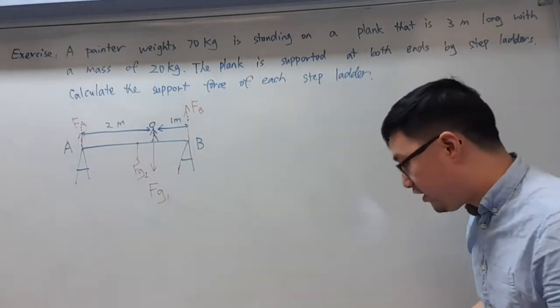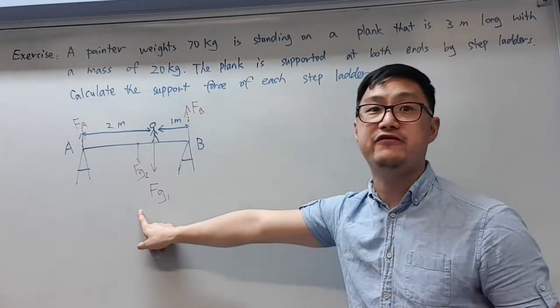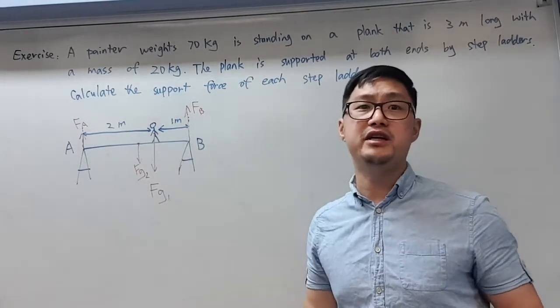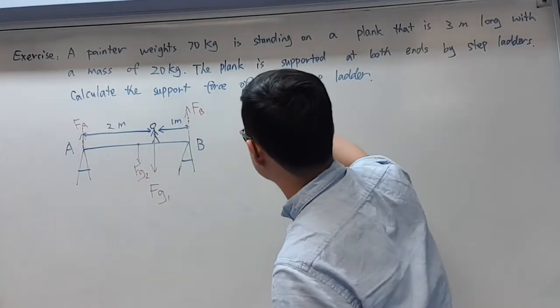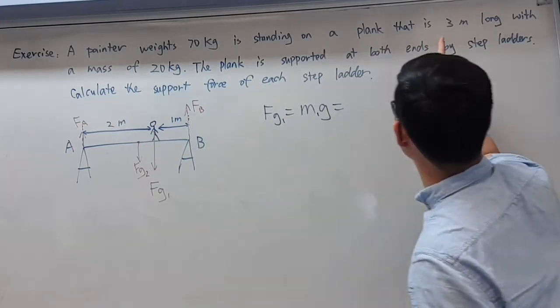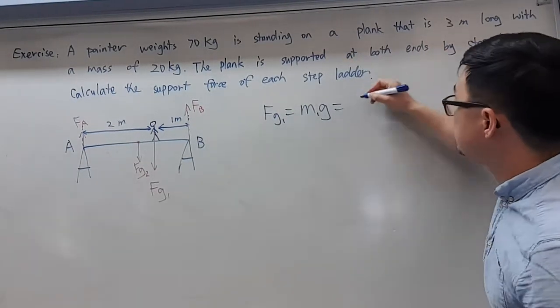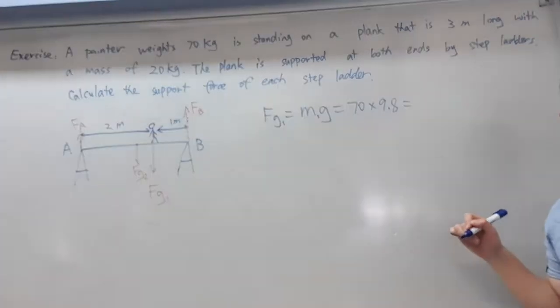All right, so over here, before I do anything else, why don't I calculate the gravity first? That's because that's at least going to get me achieved, right? Okay, so Fg1 is going to equal M1G, that's the person, 70 times 9.8. Put in the calculator.